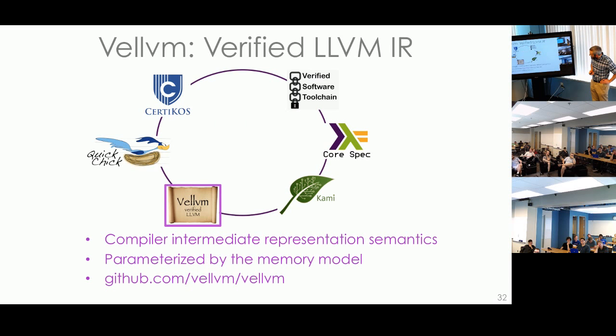And from the point of view of everything I've been saying here, Vellvm itself is just one particular instance of a semantics defined by a kind of program representation and parameterized by some interactions, in this case with, say, the memory model, which gives a behavior to the various operations in the LLVM core.